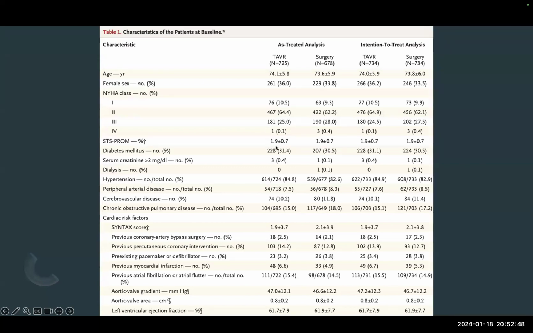STS score is 1.9, almost the same. So for patient population, I can compare PARTNER 3 with the Evolut Low Risk clinical trial based on patients only.